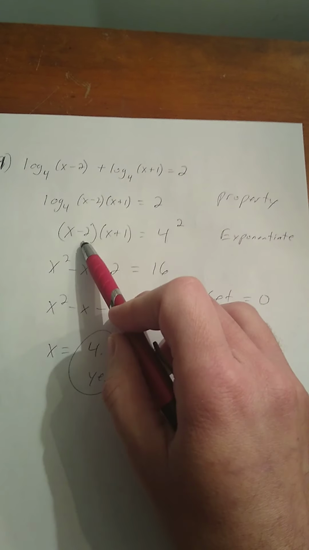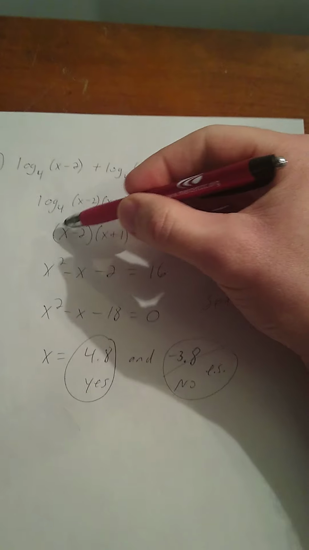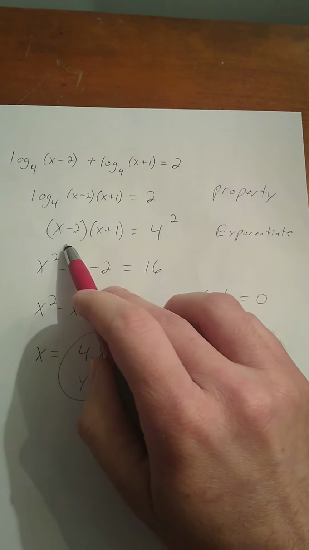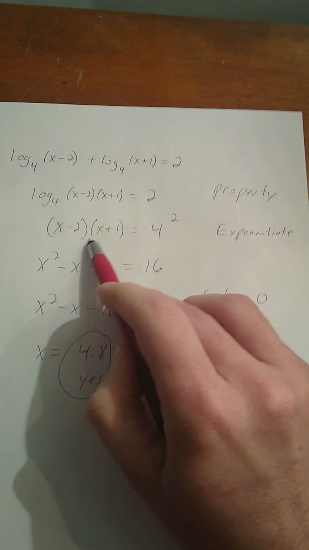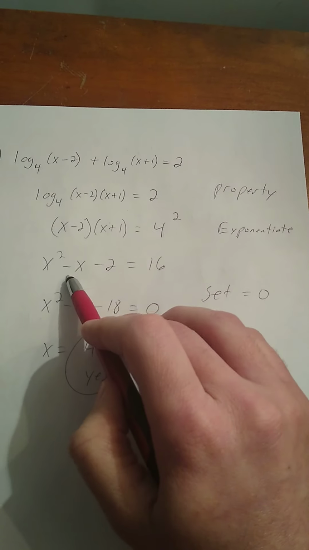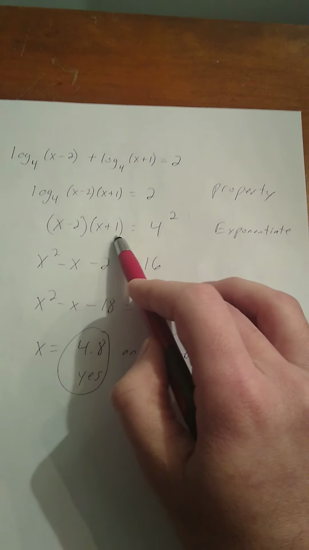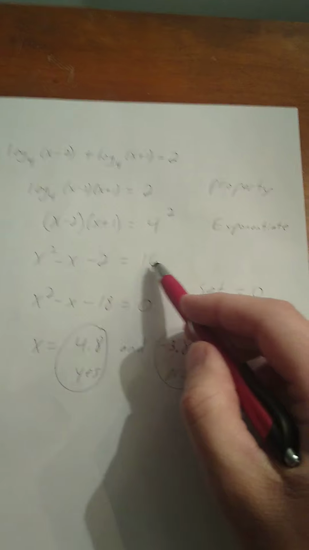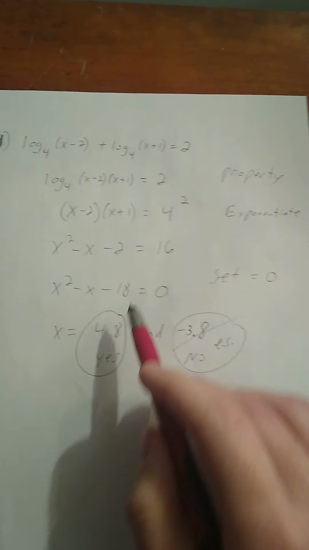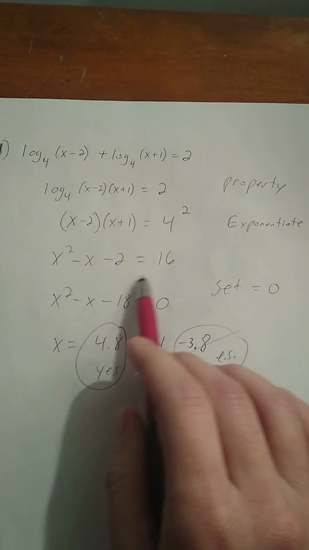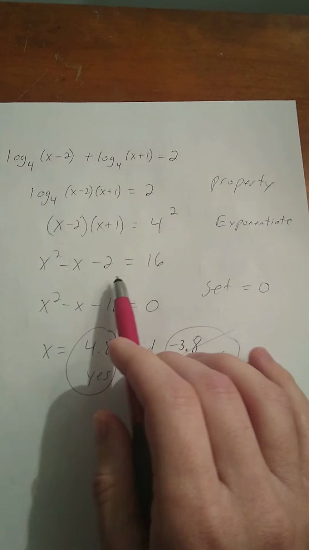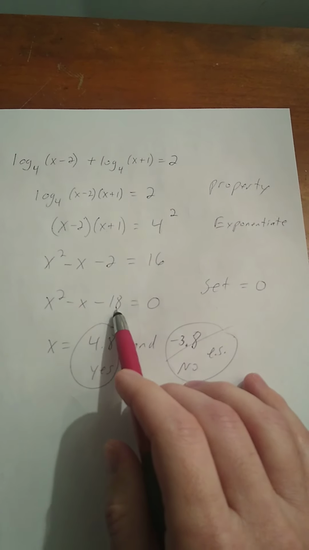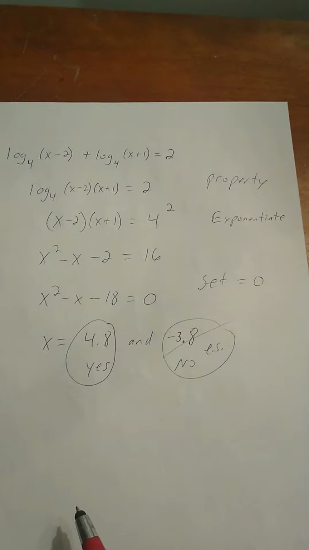I need to distribute all this. So that's going to be, don't forget your middle term, x squared, 1x minus 2x gives me negative 1x in the middle when I combine like terms. Negative 2 times 1 is negative 2, equals 4 squared, or 16. I'm going to solve this, again, quadratic. I've got to set it equal to 0, so I'm going to minus 16 over, gives me negative 18, equals 0.